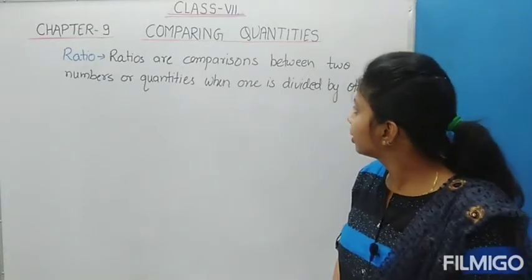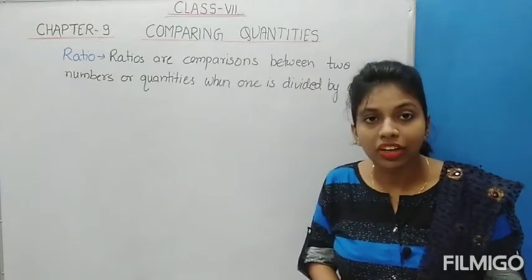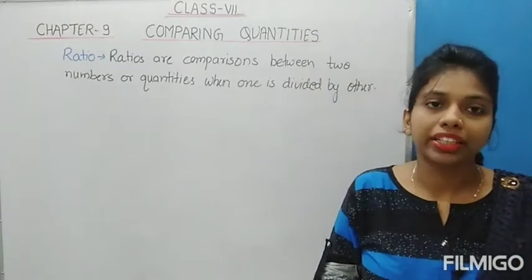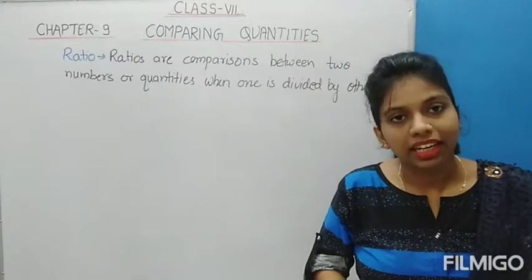Ratio is the comparison between two numbers or quantities when one is divided by the other. Let's take one example.